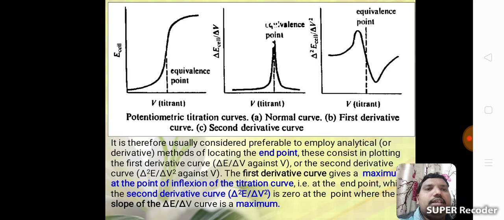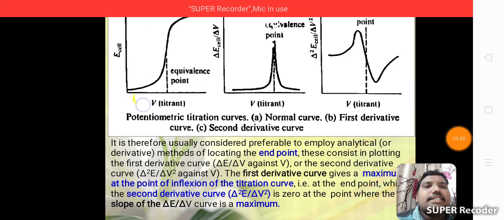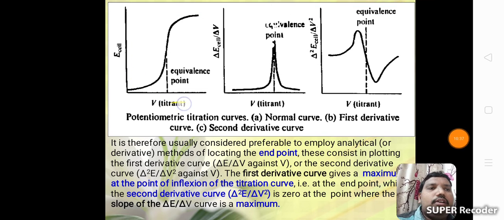Next, there are three curves: the general curve, the first derivative curve, and the second derivative curve. This is E cell versus titrant, this is delta E by delta V versus volume of titrant, and this is delta square E by delta square V versus volume of titrant.